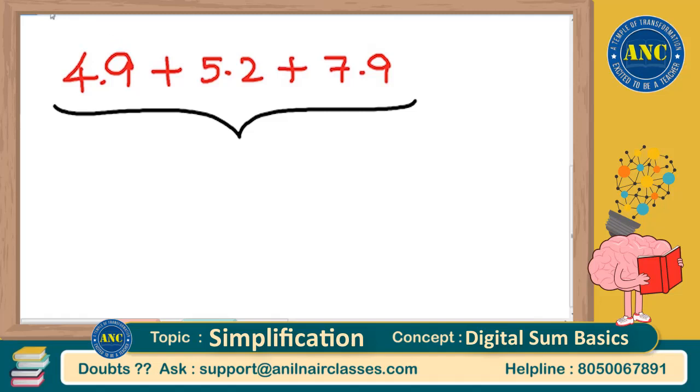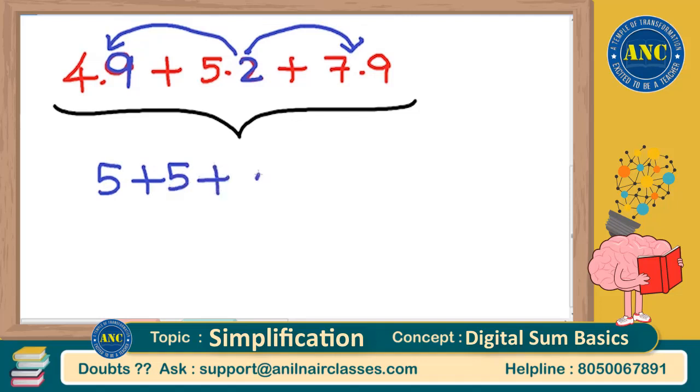I want to make these numbers beautiful numbers. This number has 0.2 extra, but this number has 0.1 deficit. To make it a beautiful number, take 0.1 from this person and give it, and again 0.1 is there with this person, give that 0.1 to this person also. It is easier to add 5 plus 5 plus 8 rather than adding 4.9 plus 5.2 plus 7.9.